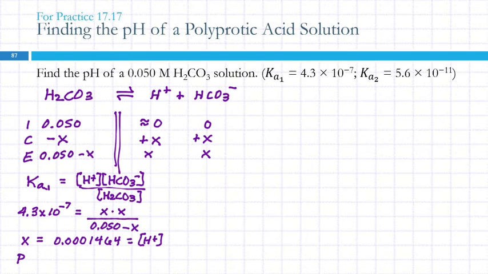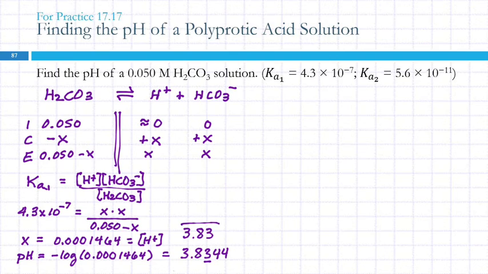So then the pH would be the negative log of that. That's 3.8344, and two sig figs seems appropriate, 3.83 for our pH.